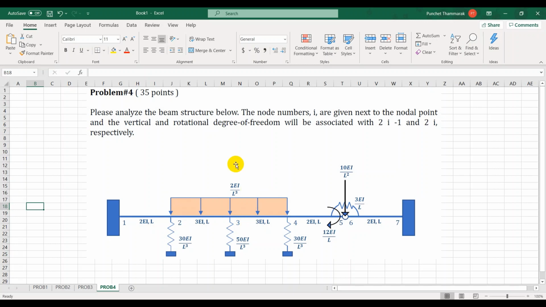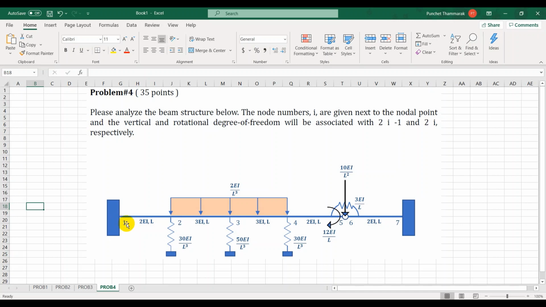So I request you to analyze the beam structure. The degree of freedom number will be given by the node number multiplied by 2.